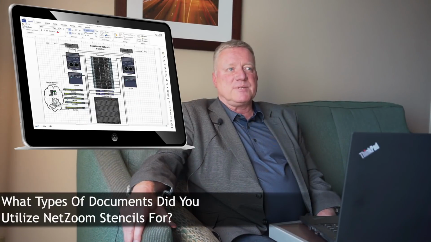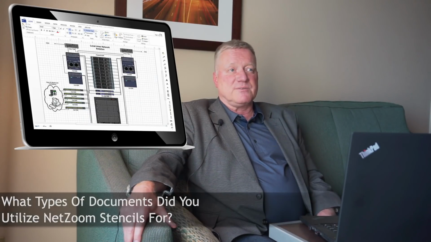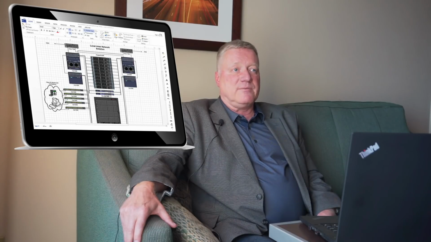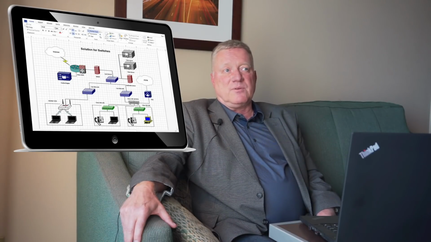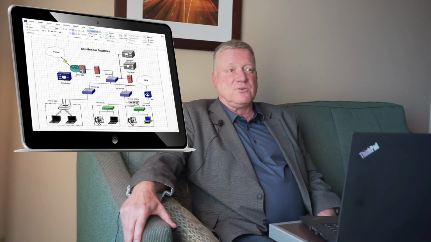The types of documents that were used to leverage the NetZoom Visio Stencils were high-level, low-level, and mid-level diagrams, otherwise known as physical or logical diagrams. One advantage that I'd like to emphasize is that changes to previous diagrams, either removing and replacing or changing the diagrams to other configurations, are incredibly easy with the NetZoom Visio Stencils.